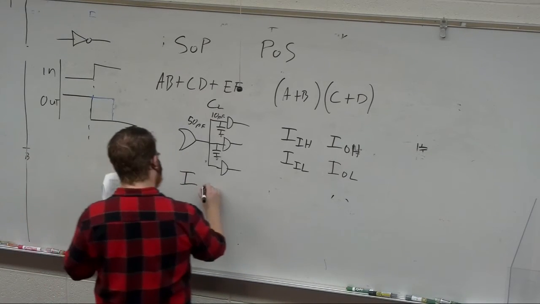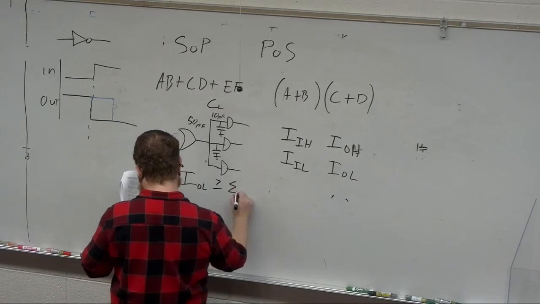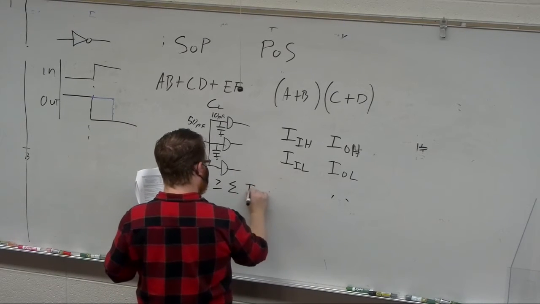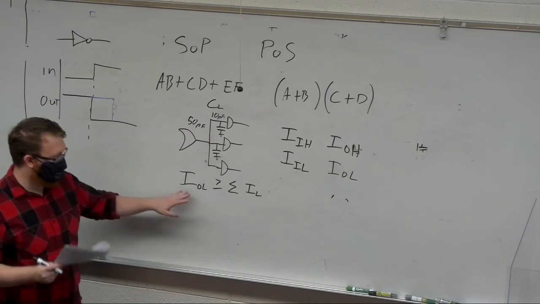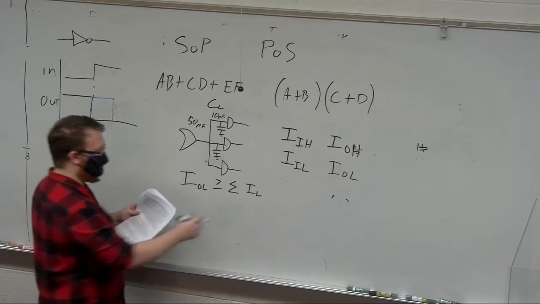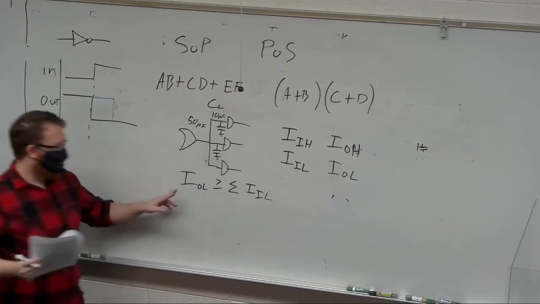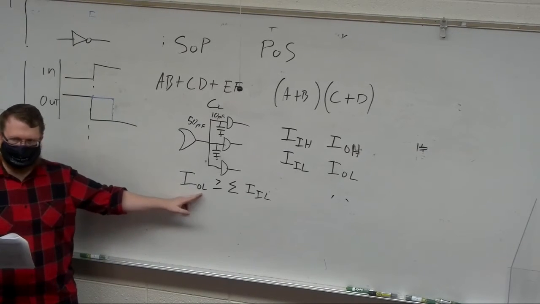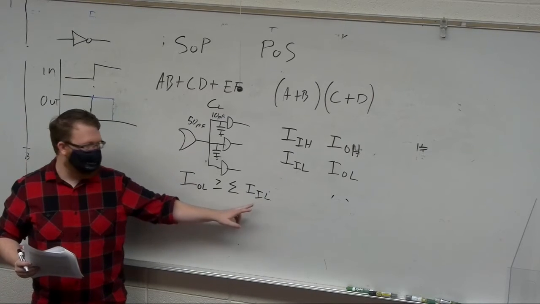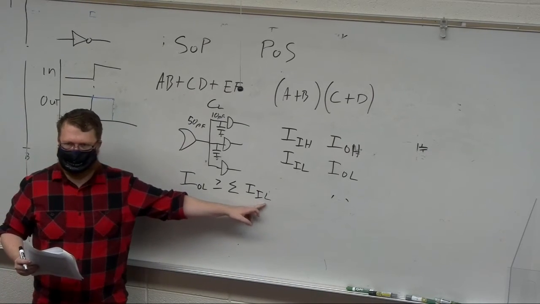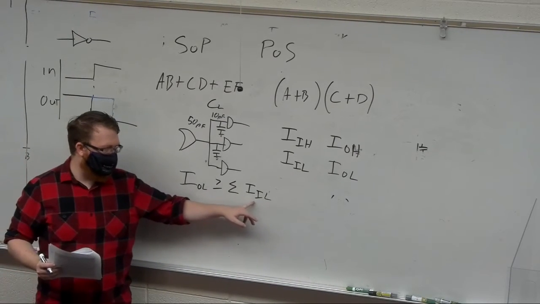You need this requirement to be true: the output current when low, IOL, needs to be greater than the sum of all input low currents. The same is true for IOH needing to be greater than the sum of IIH.